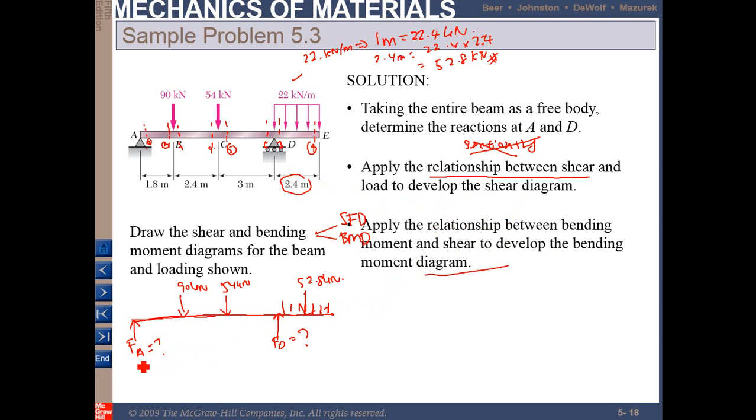Okay, so first you have to find what FA and FD are. To find them, you go as usual: the summation of all forces in the y direction is equal to 0, and the summation of all moments is equal to 0. Maybe you take moments at point B, and then you can find FA and FD.